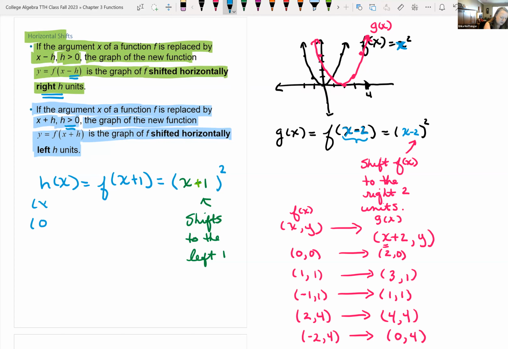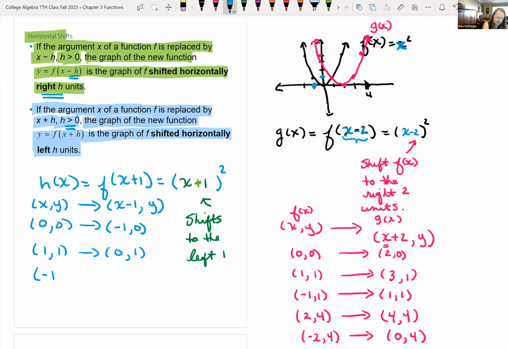So technically my (x, y) value, left one, that's going to affect my x value. So I'm going to do (x minus 1, y) to get my points. So the point (0, 0), subtract 1 from 0, I get (-1, 0). My point (1, 1) is now going to become (0, 1). My point (-1, 1), subtracting 1 from negative 1, we get (-2, 1).